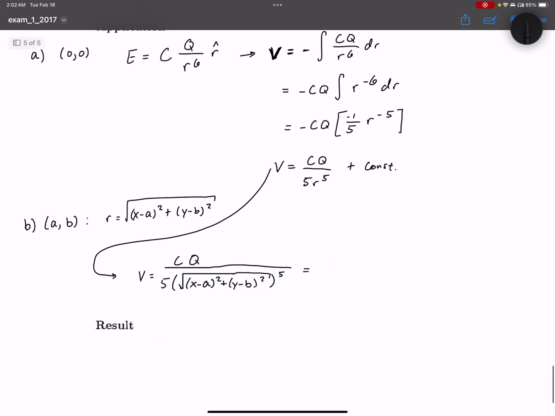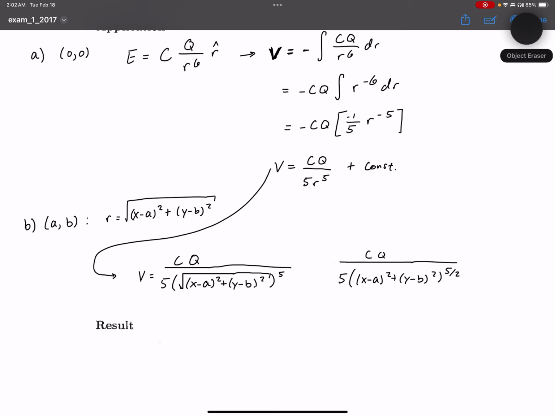And so that would end up just being CQ over 5 times x minus a quantity squared plus y minus b quantity squared to the 5/2 power.